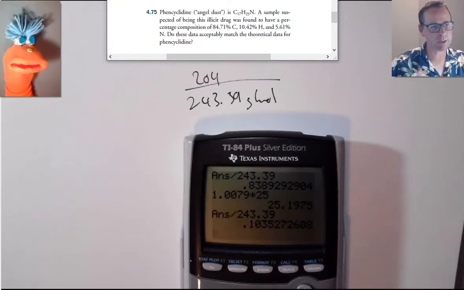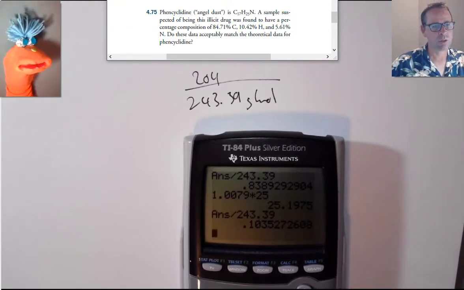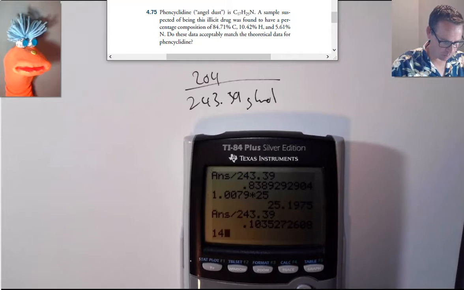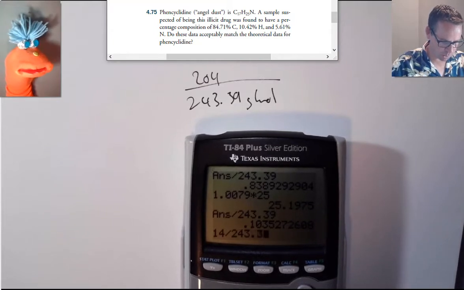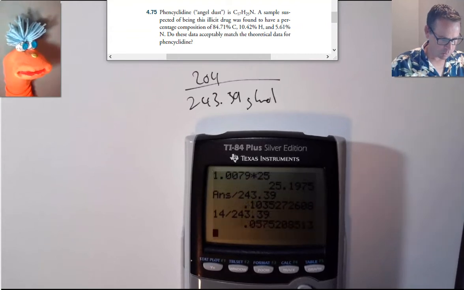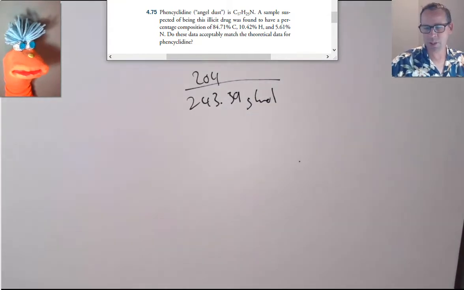Second one that's kind of off a little bit. Yeah. So let's try the nitrogen. 14 divided by my 243.39. Is there just one nitrogen? Yeah. Okay. So 5.75%.